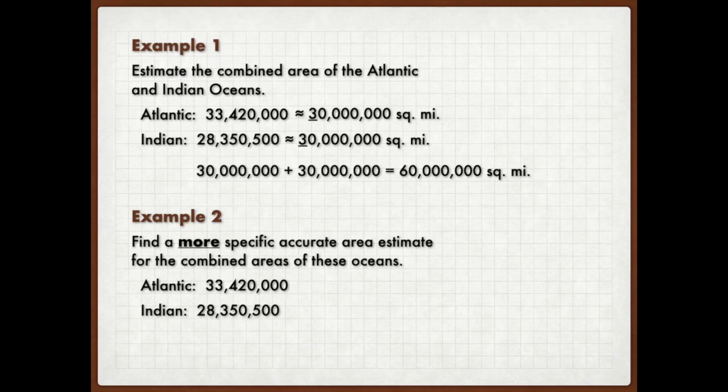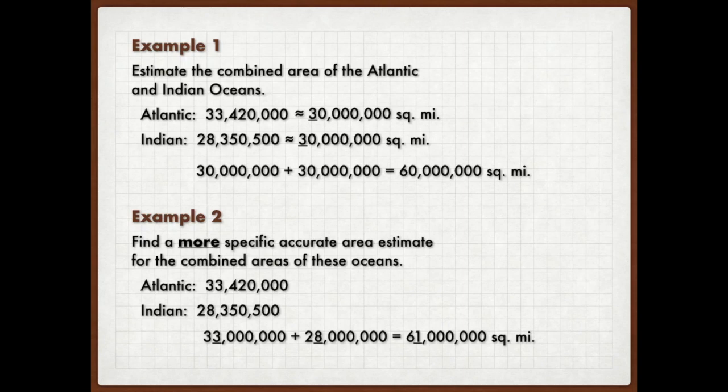So what I'm going to do now is not look at the highest place, I'm going to look at the second highest place. So instead of the 33 or the 28, I'm going to look at the 4, and I'm going to see that the 4 is under 5, so it's going to stay the same, so it's going to stay 33, but remember everything to the right of the 33 becomes zeros, and then the 28 also stays the same, and everything to the right becomes zeros.